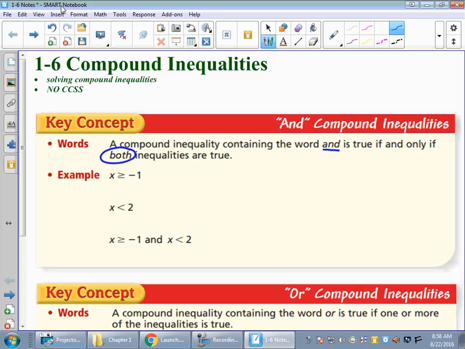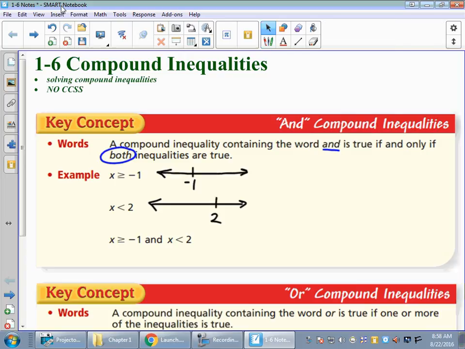So if you were to look at these two inequalities on a number line, if I did it separately first, I'm just going to show you separately. Here's -1. And on the number line here would be +2. So the first inequality is asking for values that are greater than or equal to -1.